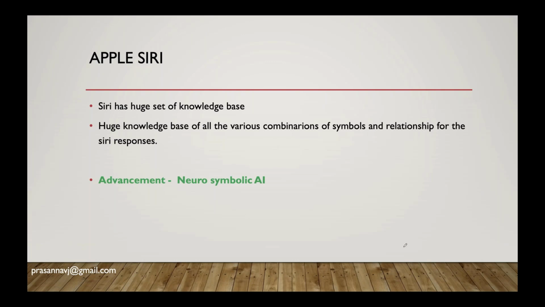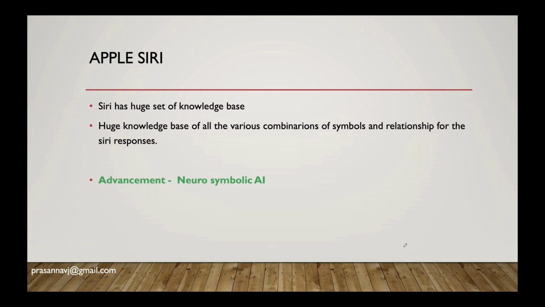The advancement on this symbolic AI combining with the neural architecture is called neuro-symbolic AI. So I hope you understand the premise of how we have evolved from understanding knowledge representation and reasoning to a symbolic AI based representation.